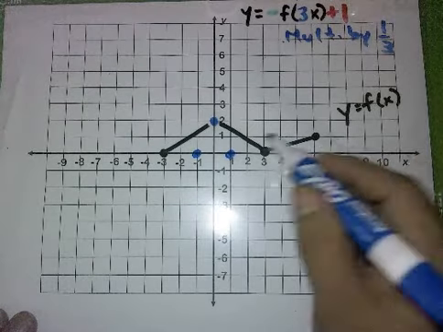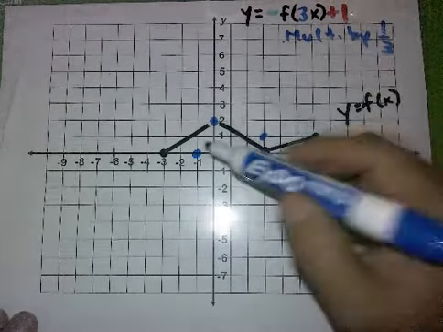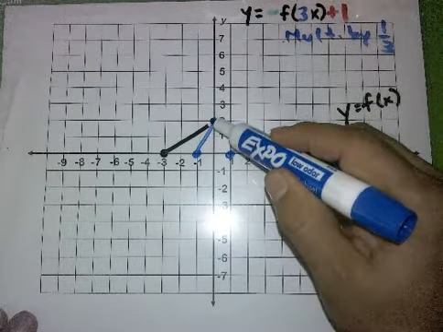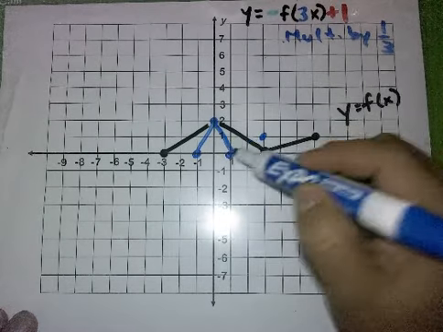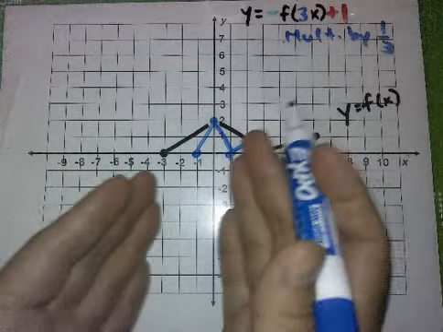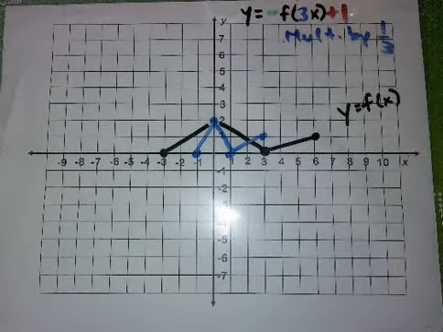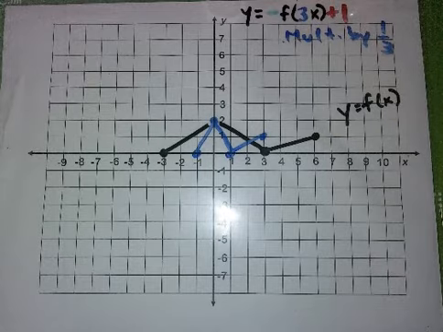The y value here was 1. We're going to keep the y the same. And we should see that it clearly shrinks, or in some cases they call it compress, the graph of f of x. So now from here we're going to take our next step, which is applying that negative.